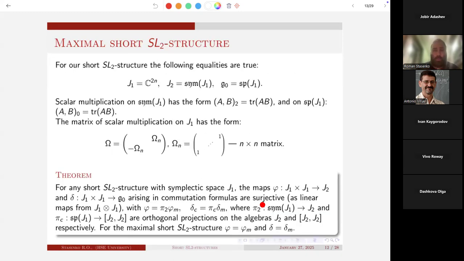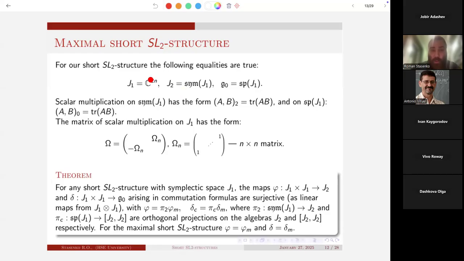Why is it called maximal short SL2 structure? It's because in this case the subspaces J1 and J2 are maximal. J2 is the Jordan algebra of all symmetric operators on the symplectic space J1.